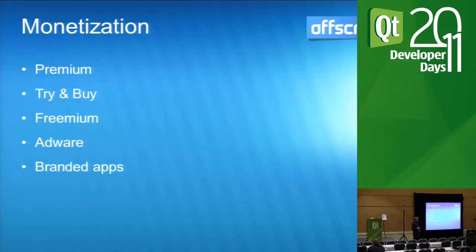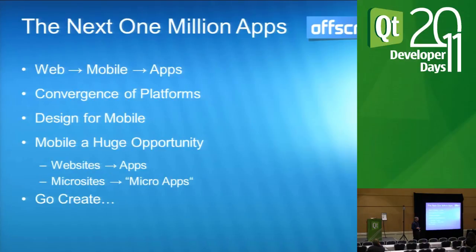Okay. So where to from here? We really feel that this mobile application space is only taking its first steps, because there are now hundreds of millions of websites, and even more microsites inside these websites.